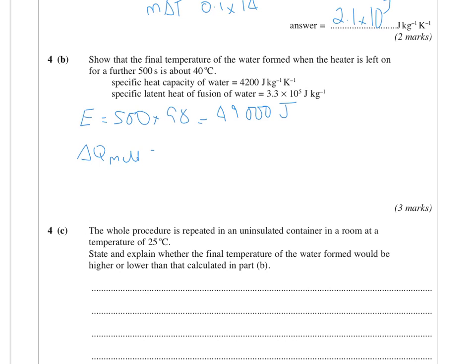The amount of energy it's going to take to melt is going to be ml, which is 0.1 times 3.3 times 10 to the 5, which is 33,000.